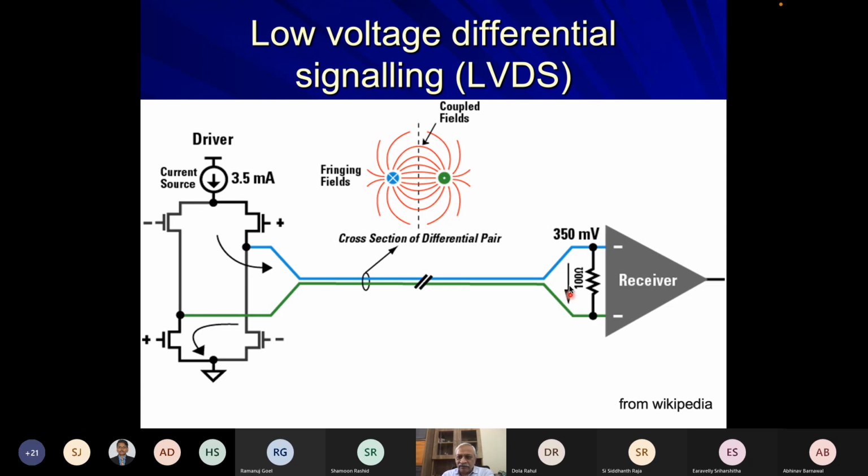And at the receiver end, you are looking at the difference in the two voltages. So the noise induced on one wire and the noise induced on the other wire, both will get cancelled as you perform the subtraction.